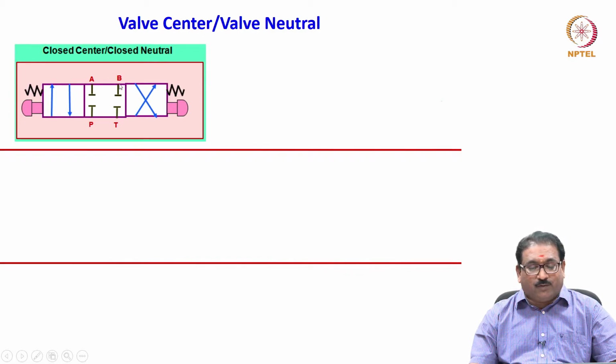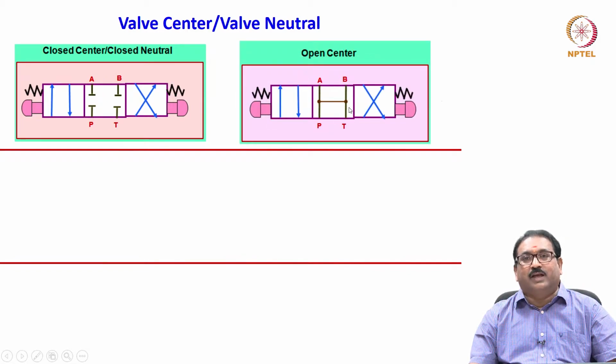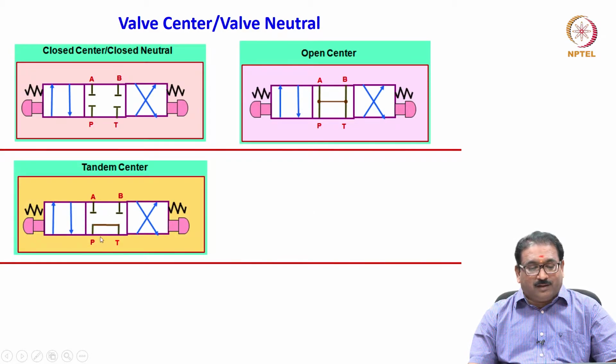For this, there are various combinations, correct, friends? You connect all together. It is known as open center. You see here, open center, all are connected. Then you connect P and T. You see P and T are connected, A and B are blocked. This is known as tandem center.